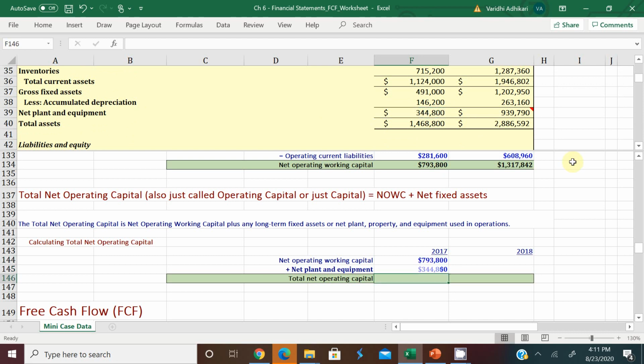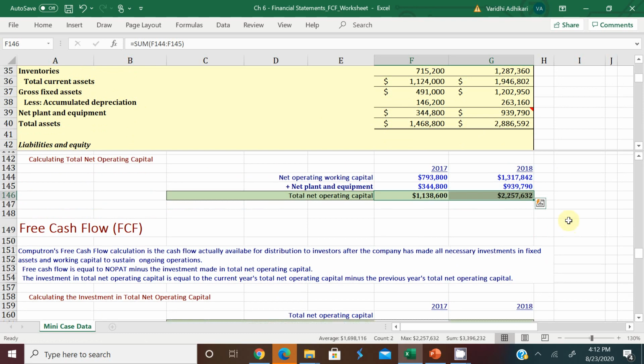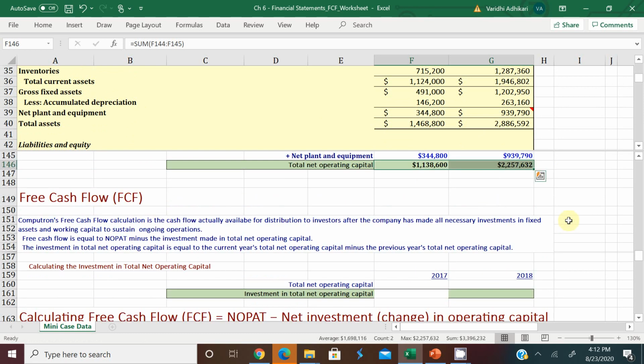That was the balance of plant and equipment in 2017. I can drag them across to 2018 to make the same number. So the sum of these two, only these two, is the net operating capital, right? Both working capital and long-term capital, operating capital.